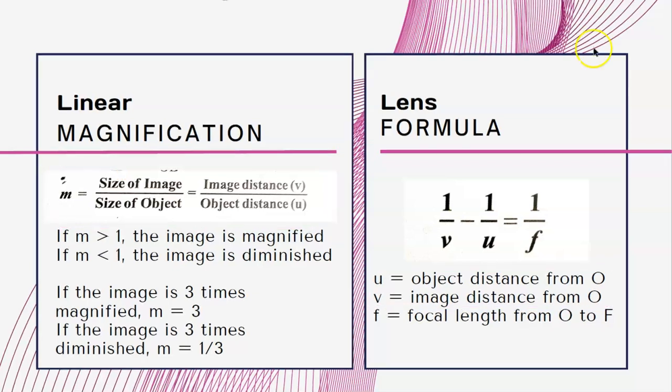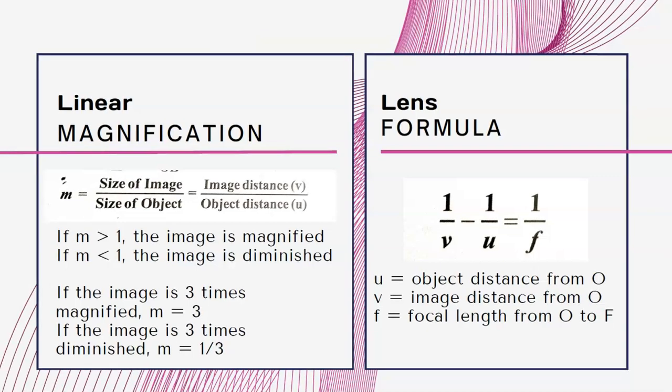Now we should remember that when we say magnification, magnification does not only mean that the image is enlarged. Magnification can also be used in the case where we have a diminished image. So, if magnification is greater than 1, the image is magnified. That often happens in numericals, that when we are solving a particular sum, we get m to be greater than 1.